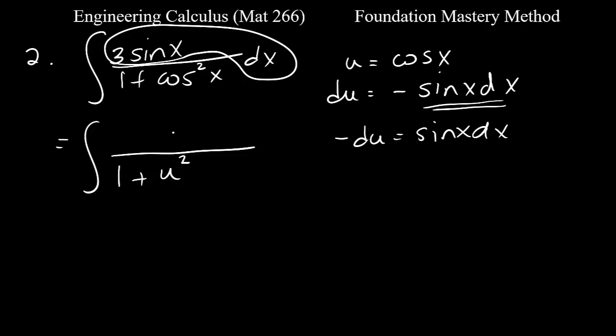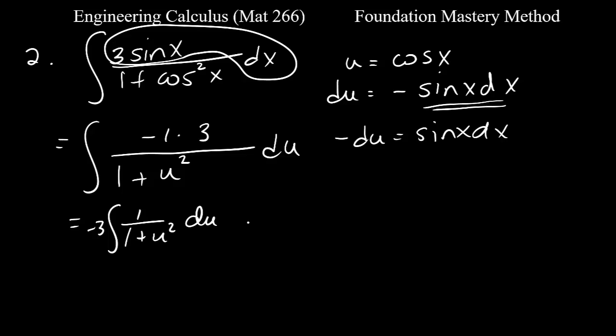So if we make this substitution, we'll have minus 1 du, and then we have that factor of 3 there. So this is the same as integrating minus 3 times 1 over 1 plus u squared du, which we recognize as the antiderivative of the arctangent function.